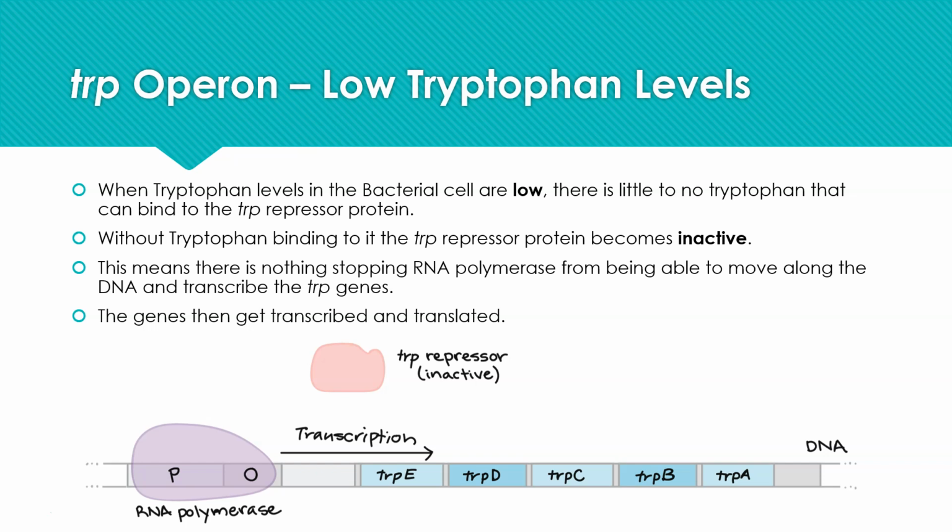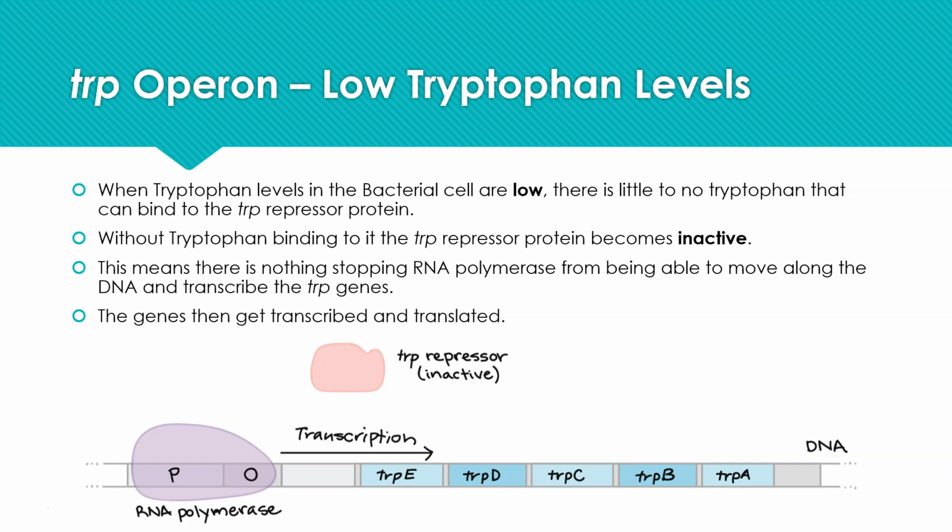Then that tryptophan will bind to the repressor, activate it, the repressor binds to the operator, and now RNA polymerase stops transcribing those genes. So we stop having the proteins being produced, and so we're not continually producing tryptophan anymore. We're able to stop producing tryptophan once we have high levels. So there's a nice bit of negative feedback happening there as well.